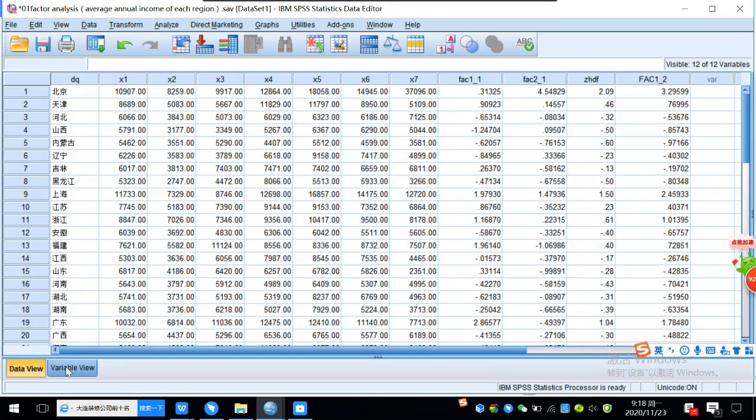Here we want to compare the incomes of different districts, different areas. Firstly, we want to reduce 7 variables to a small number of underlying factors. Step 1, we need to judge if factor analysis can be used.